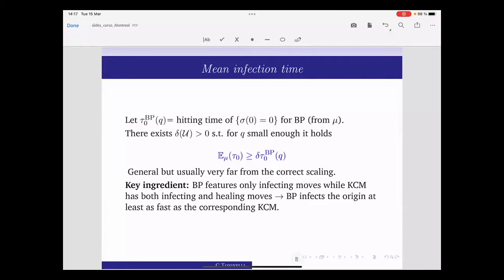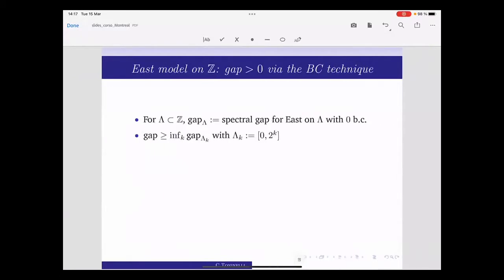It's very natural. Okay, so now we know that in order to study this speed of relaxation to equilibrium, you have to look at the spectral gap. In the remaining time of the first half of the lecture, I'll try to give you at least the main ideas of one proof, not complete.